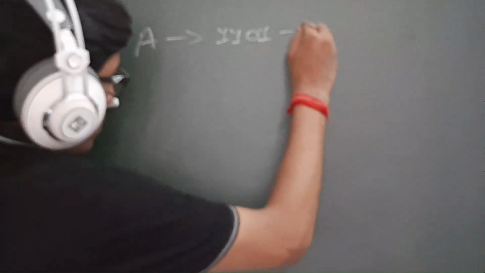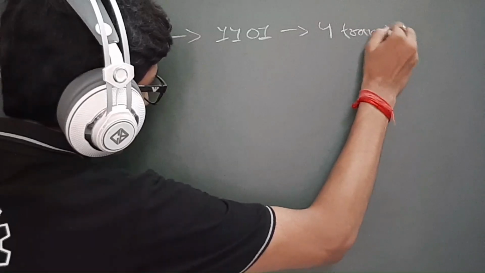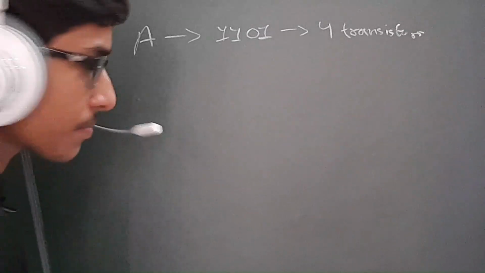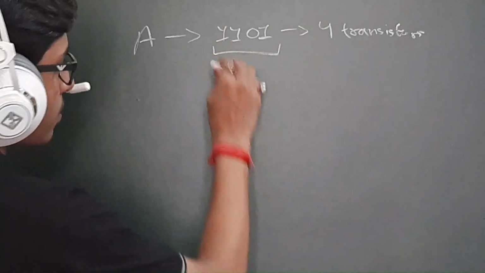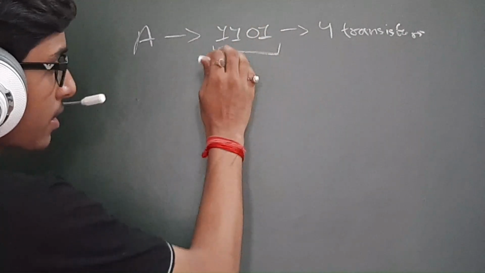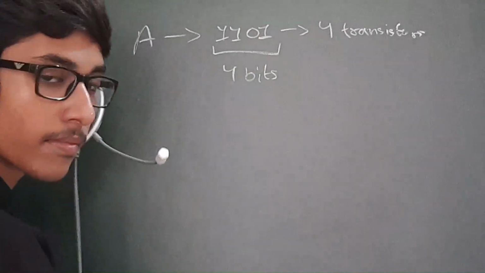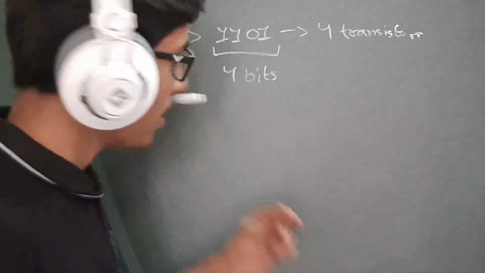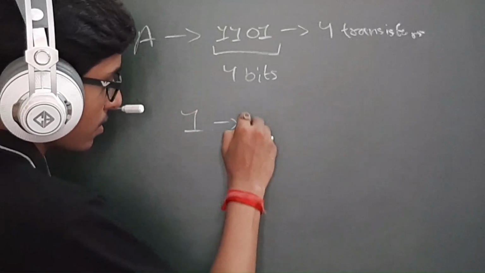And there are 4 transistors. Do you know this is also known as 4 bits? Actually, the value itself is 1 bit. If a transistor is representing 1, it is also called 1 bit.